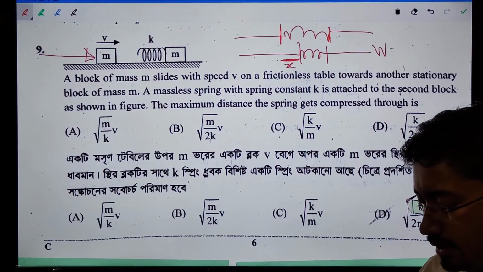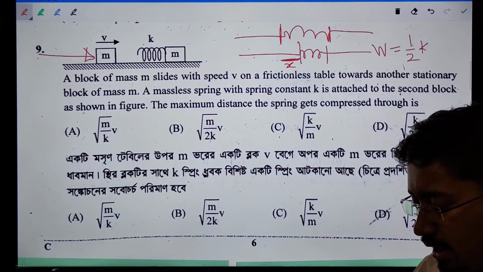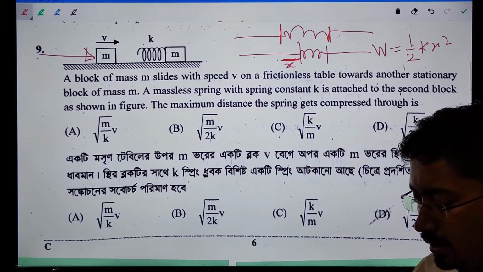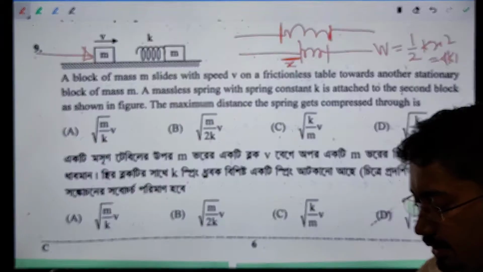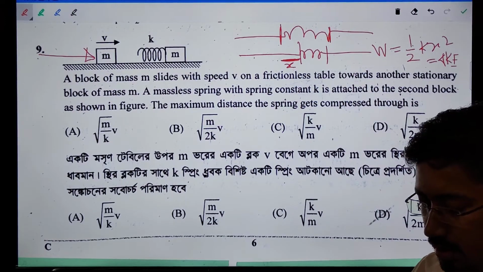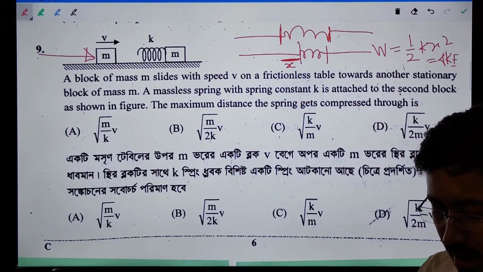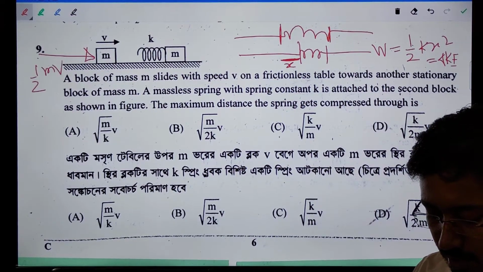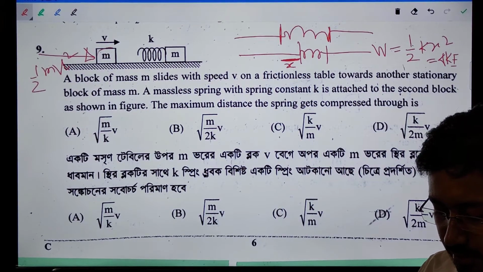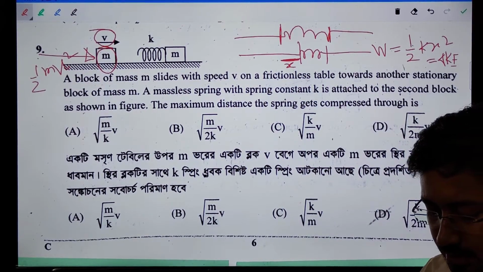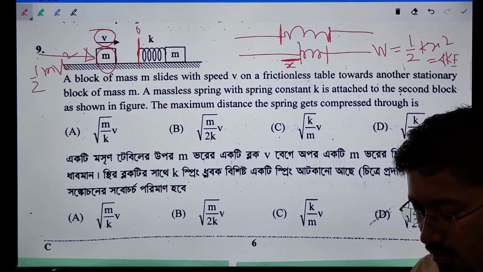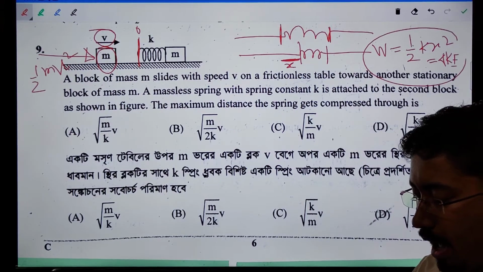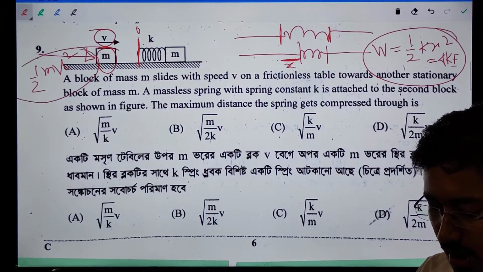The work done will be basically half k x square, and this work done is equal to the change of kinetic energy. The initial kinetic energy is half m v square, where the mass of the object is m and the velocity of the object is v, and after touching this surface the velocity will be 0. Okay, final velocity will be 0. So half k x square will be equal to half m v square.